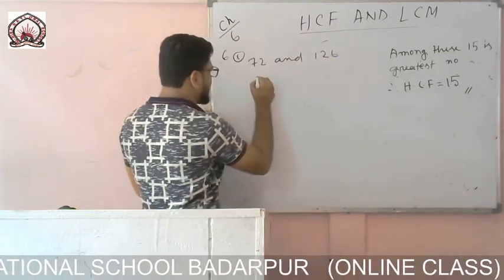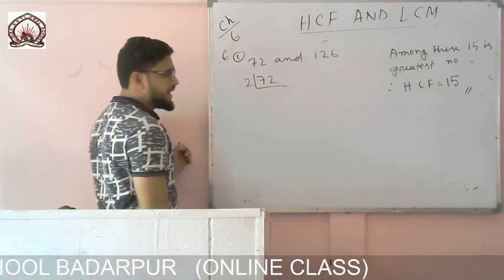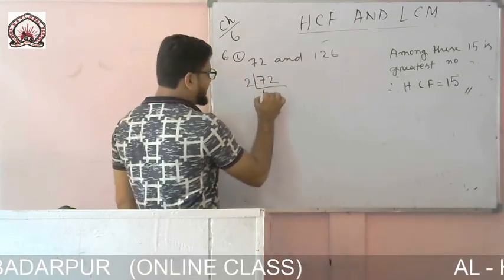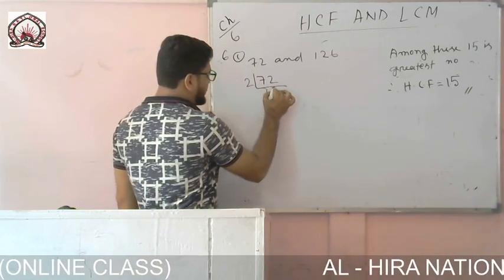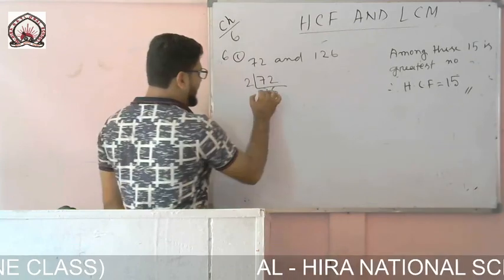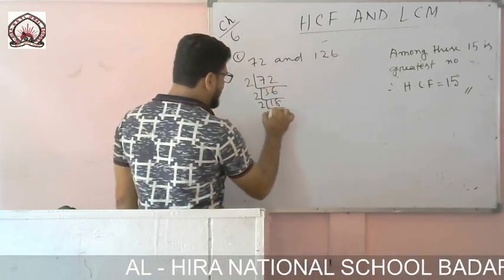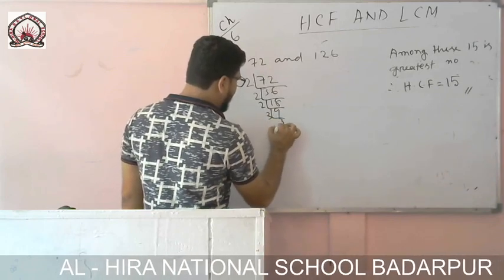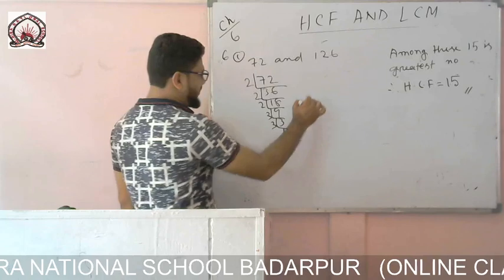So you see, 72 with 2 it is possible, okay, because it is even. So 2 3s are 6, remain 1. So 2 6s are 12. Okay, again with 2 18s are, again with 2 9s are, again with 3 3s are, again with 3 1s are. Okay, now what? 126.